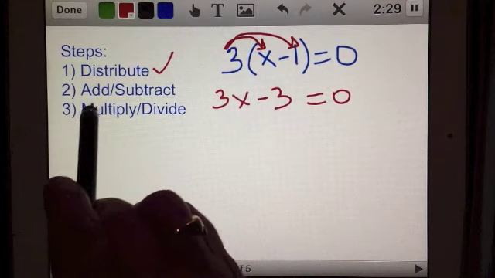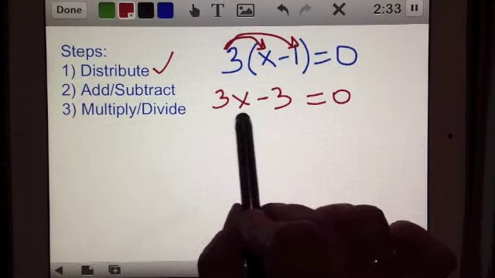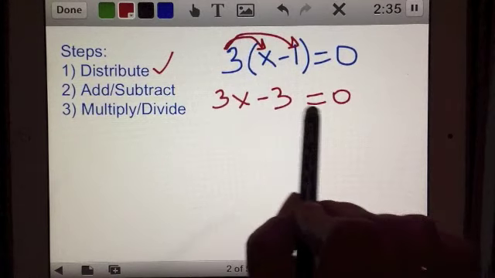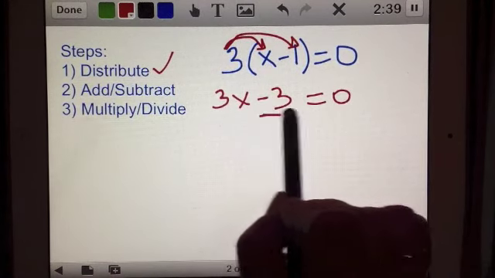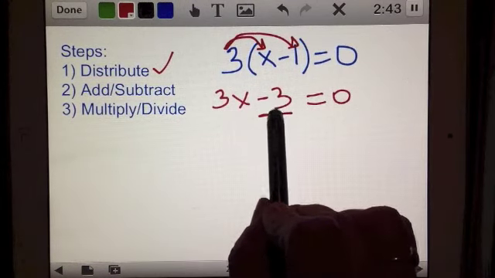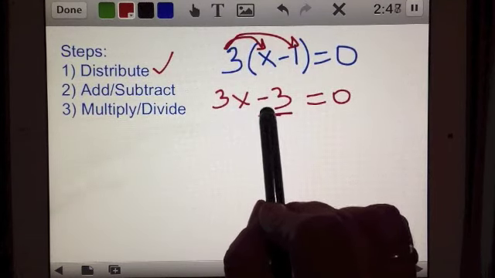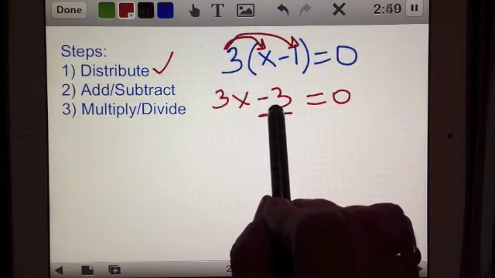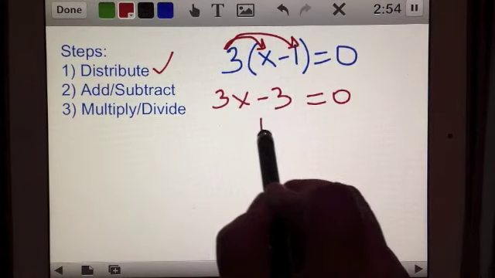Now the next step is I need to add or subtract. Now what I mean here is when I see 3x minus 3 equals 0, I have minus 3 right here. And in order to do the opposite operation, I'm going to have to add 3 so I can get this 3 to the other side. So what I'll do is I'll add 3.